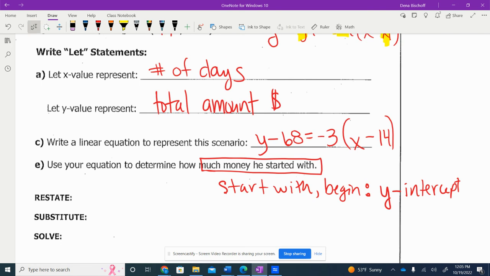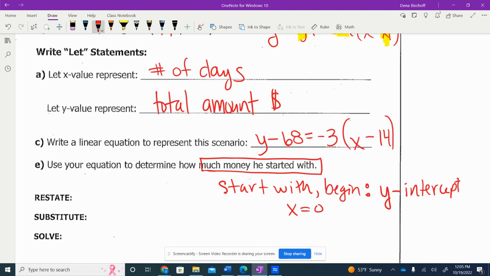Okay, so there's a real easy way to do this. Someone tell me from your activity yesterday, what happens to the x when we find the y-intercept? Like when the graph crosses the y-axis, what is the value of x? 0. So let's just let x equal 0 and we'll find the y-intercept.